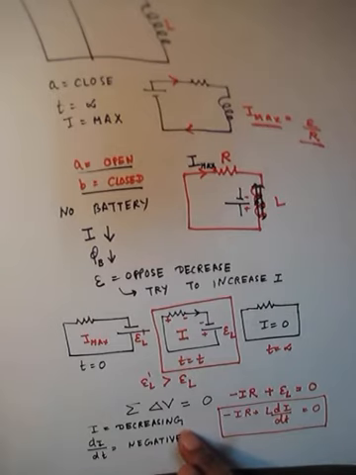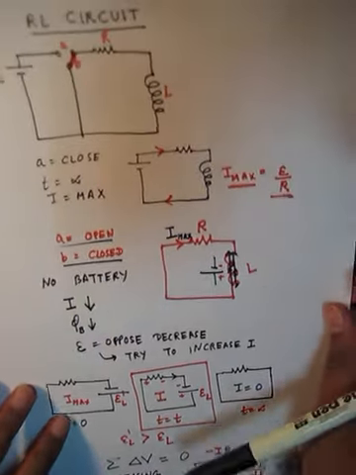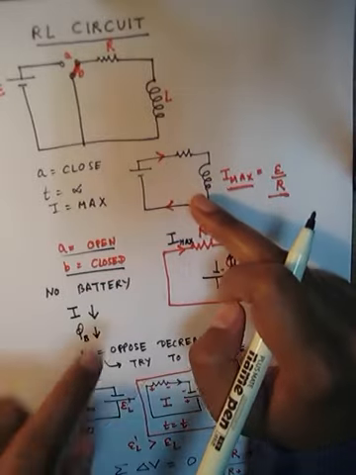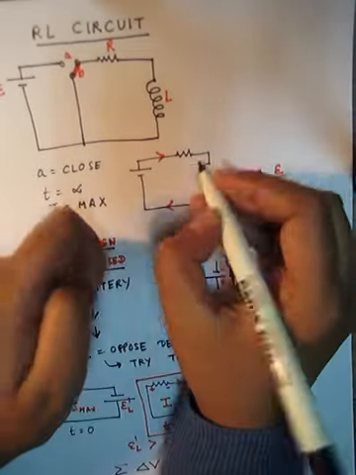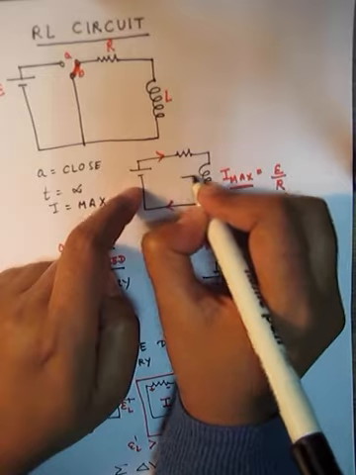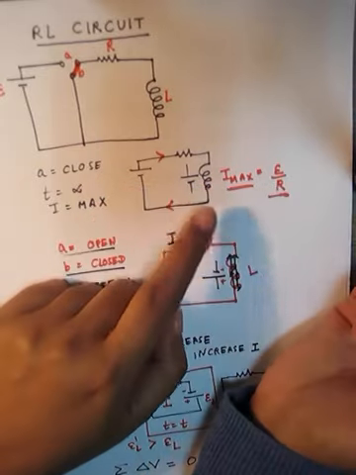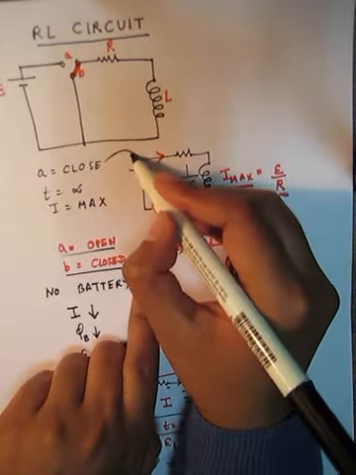Why? Because when we're talking about the first case, when we used this inductor, it behaved like a battery when A was closed.